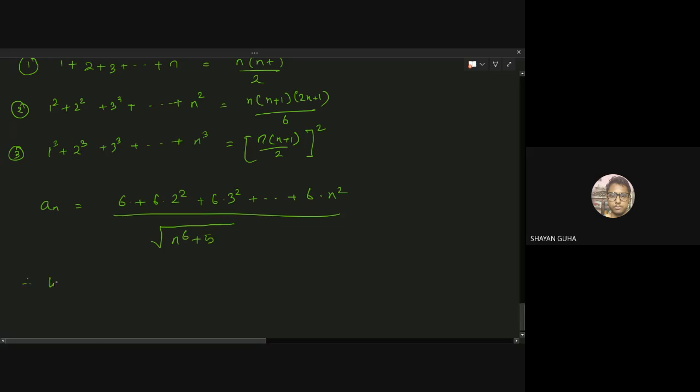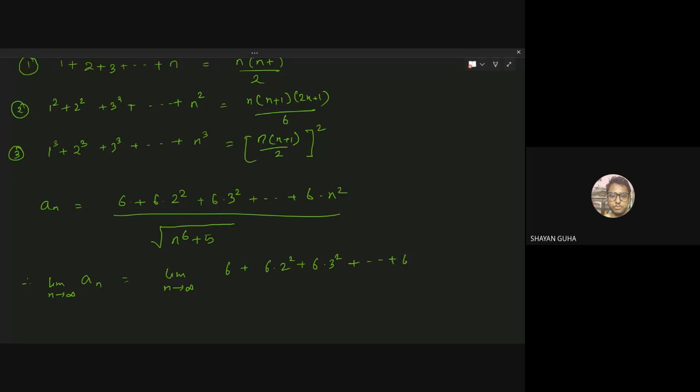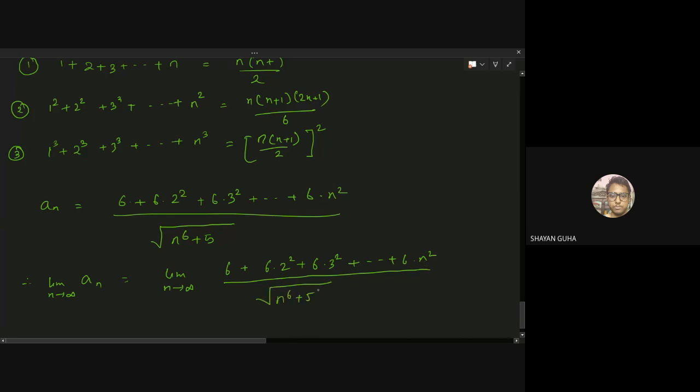Therefore, if I take the limit as n tends to infinity of a_n, this will give me the limit of 6 plus 6 into 2 square plus 6 into 3 square, this series, divided by root over n to the power 6 plus 5.